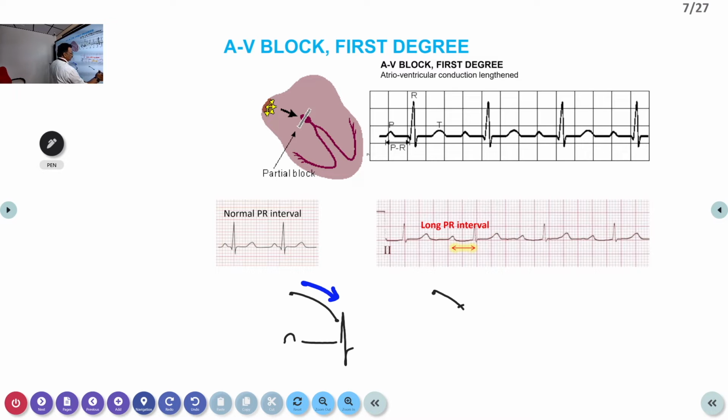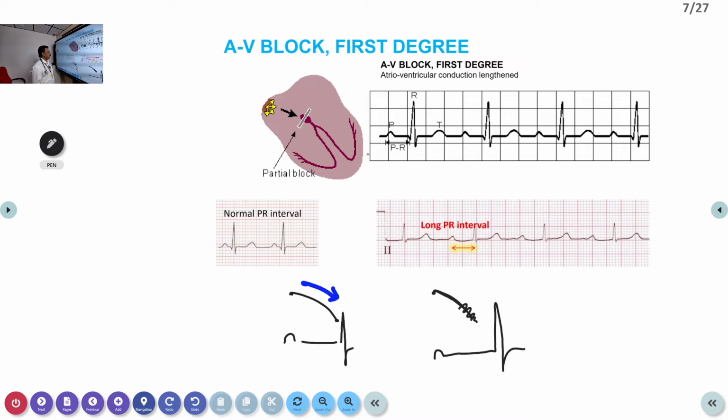Normal conduction is very fast, but in between something happens and it gets delayed. The P wave is formed normally, but the PR interval is prolonged. That is due to a problem in the conduction, but it is not a complete problem, it's a partial or small problem.